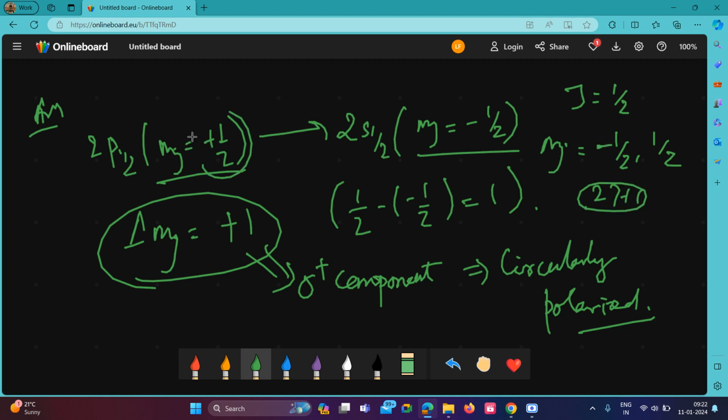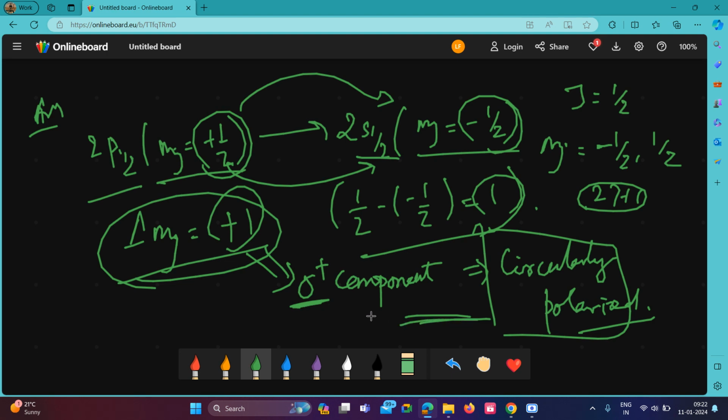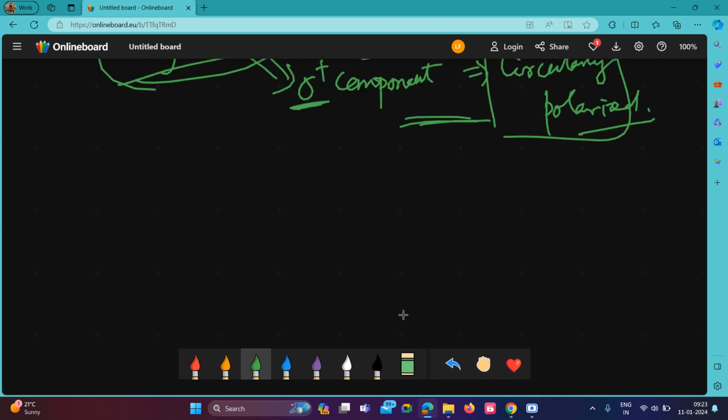So plus half of 2p1/2 is transitioning into minus half of 2s1/2. So we check delta mj: half minus minus half is 1. Plus 1 gives the sigma plus component, which is circularly polarized. This was question number 2.